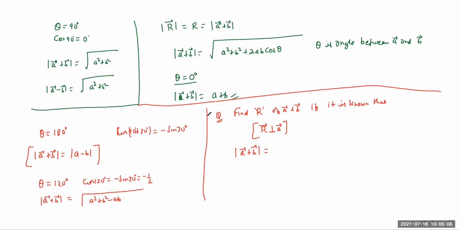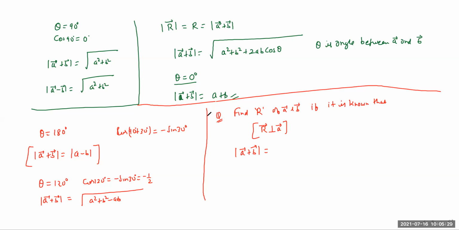So what is A plus B here? Sir, it's under root of B square minus A square.